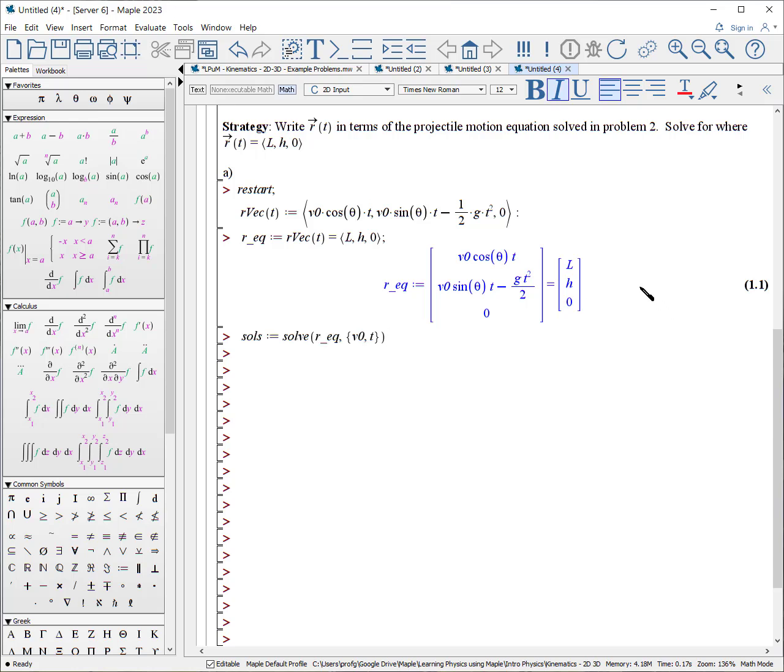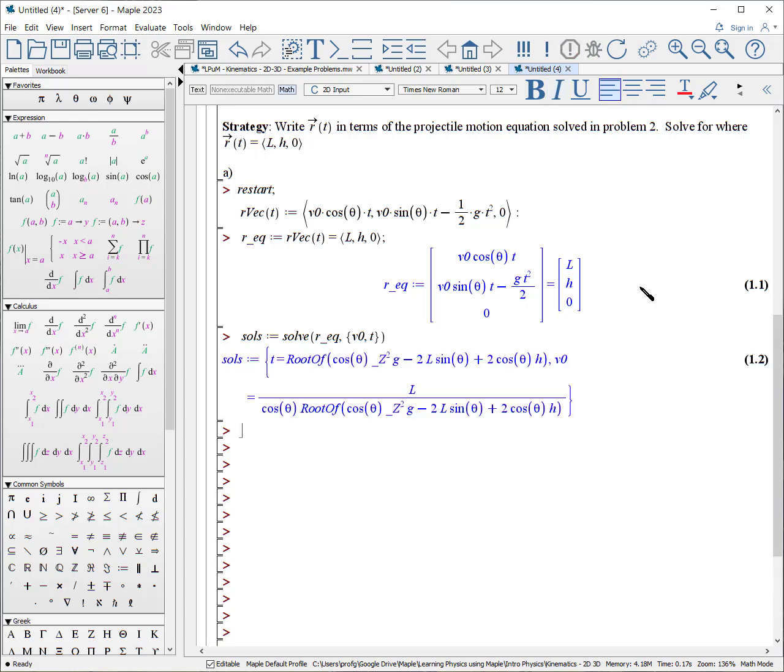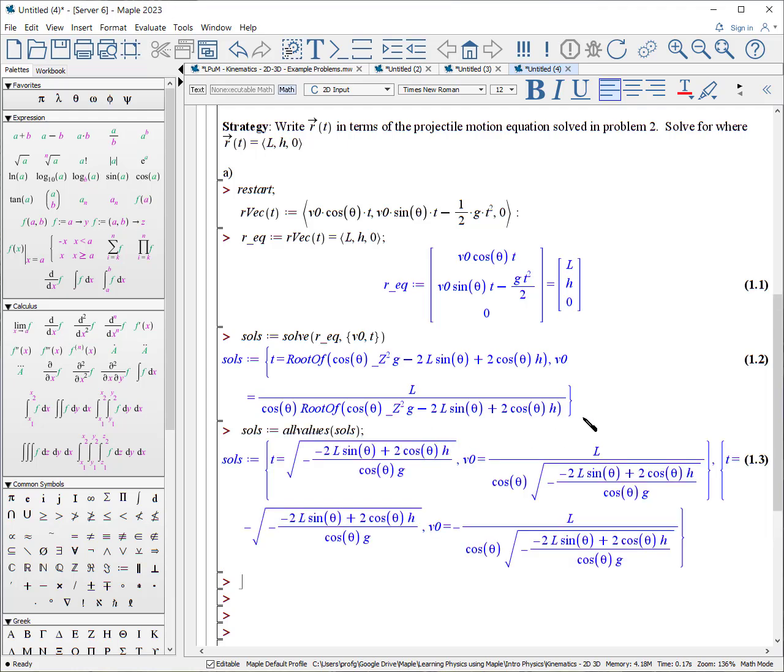We solve this equation for the unknowns, in this case the launch speed and the time which the ball is in the air, and we find that we get root solutions. So, extract out all the values of these root solutions, and we see we get two sets of solutions. This one involves positive time, the second one involves negative time. We'll use the first solution.